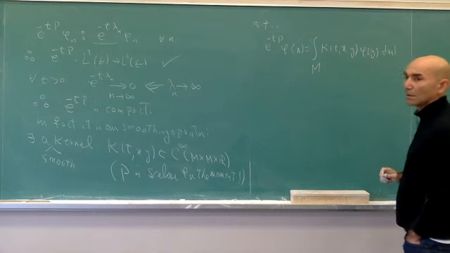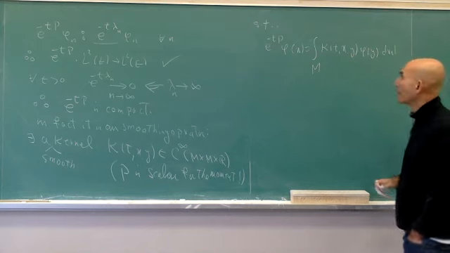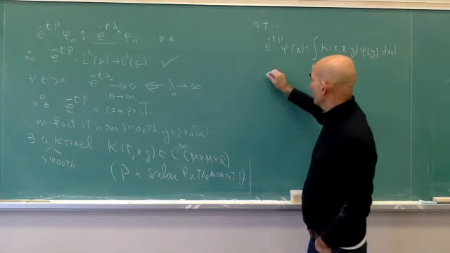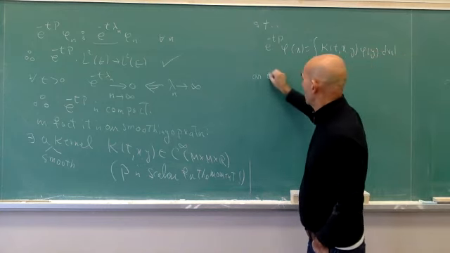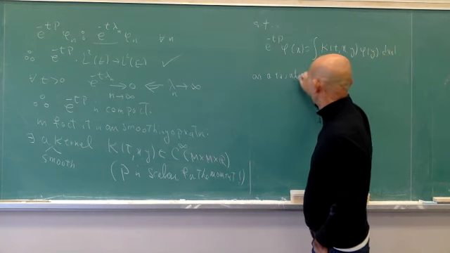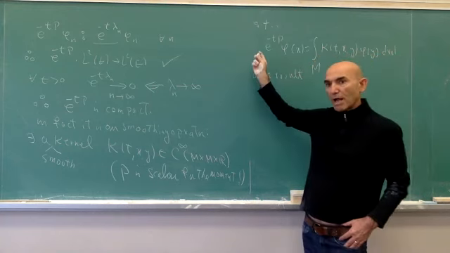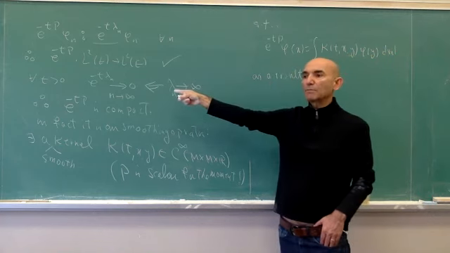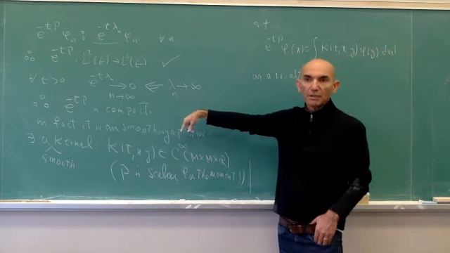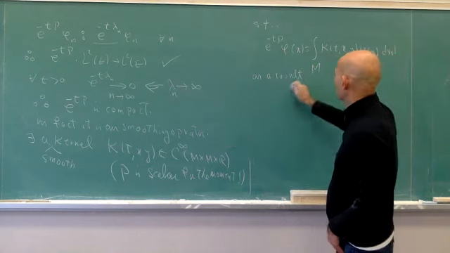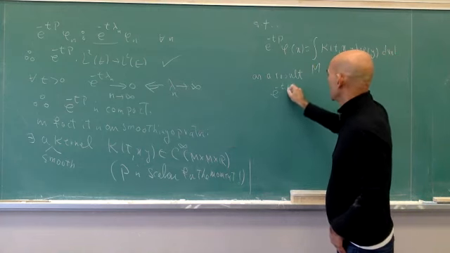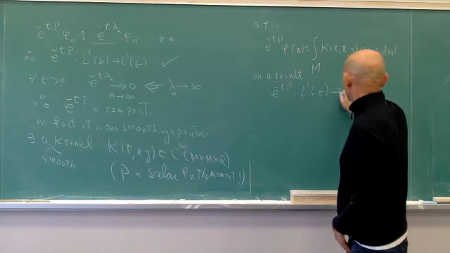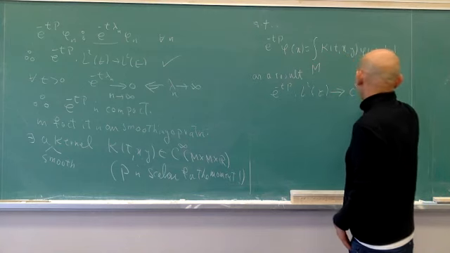Right? So it follows, as a result of this operator having a smooth kernel like that, that this maps L2 of E into C infinity of E. E to the minus tP maps L2 of E into C infinity of E.